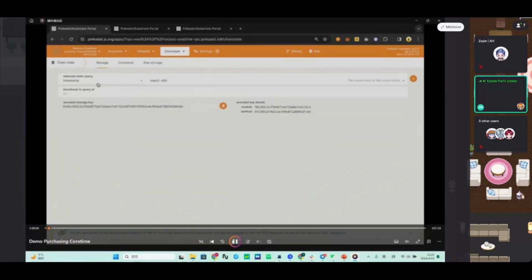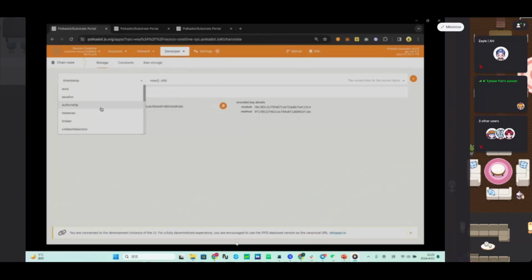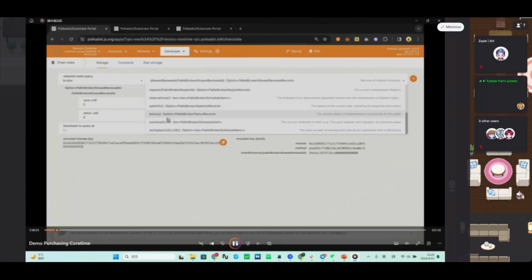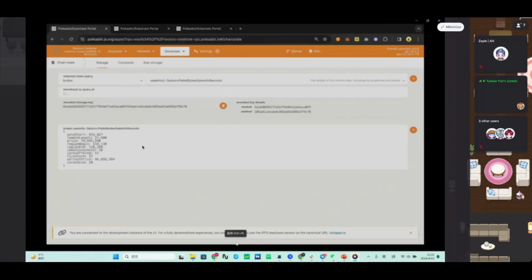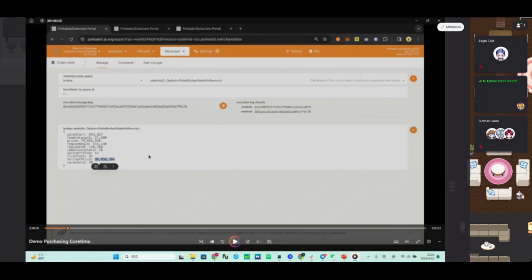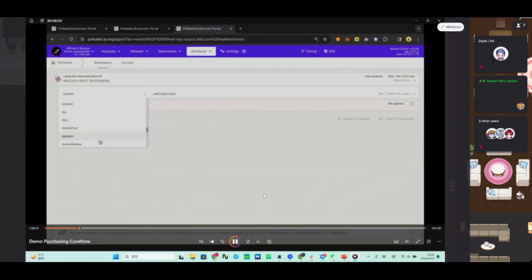We are at the Rococo Coretime parachain, and first thing we need to see is the status of the Coretime. So this one is querying the selling price of Coretime and how much of it is left.